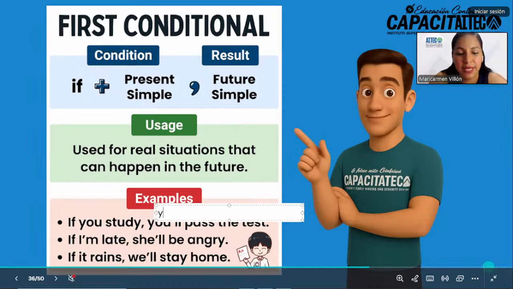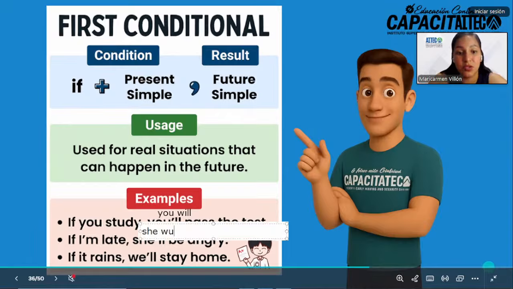Dijimos que vamos a estar utilizando aquí el will. Future simple. If I'm late, that is another example. If I'm late, si yo estoy tarde, she'll be angry. She will be angry. There it is. Entonces, si yo estoy tarde, ella va a estar enojadísima.